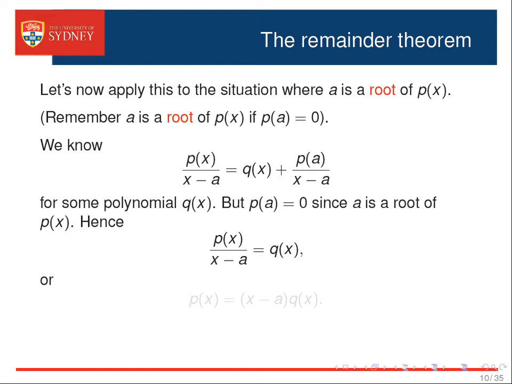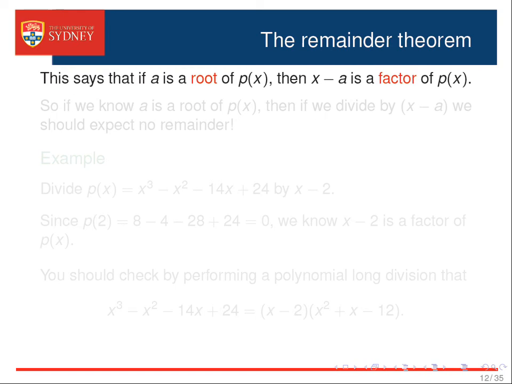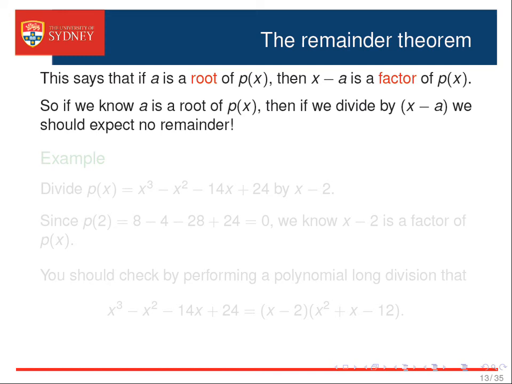Or, rearranging, we see p of x is x minus a times q of x. This is sometimes called the factor theorem. If a is a root of p of x, then x minus a is a factor of p of x. This means that if a is a root of our polynomial, we should expect no remainder upon long division.